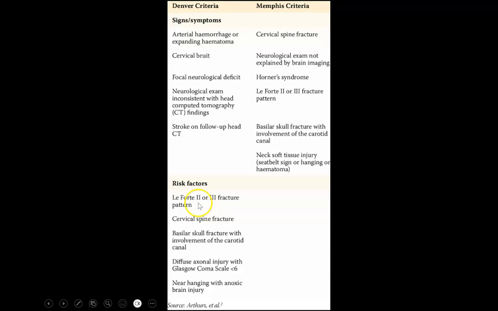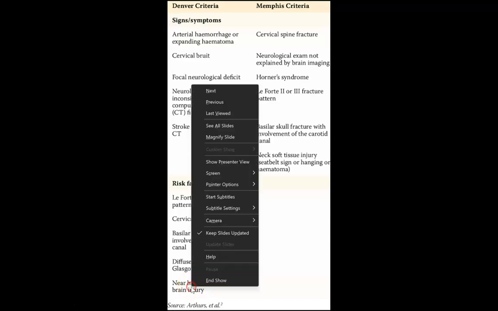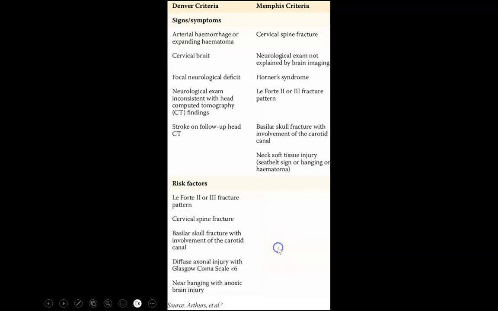associated Le Fort 2 or 3 fracture, because it is a very severe fracture, and cervical spine fracture, fracture of the appendages, fracture dislocation, subluxation. It's logical that these affect the vertebral artery. Also skull base fracture, and diffuse axonal injury. It is a severe injury with Glasgow Coma Scale less than 6, and near hanging with anoxic brain injury.